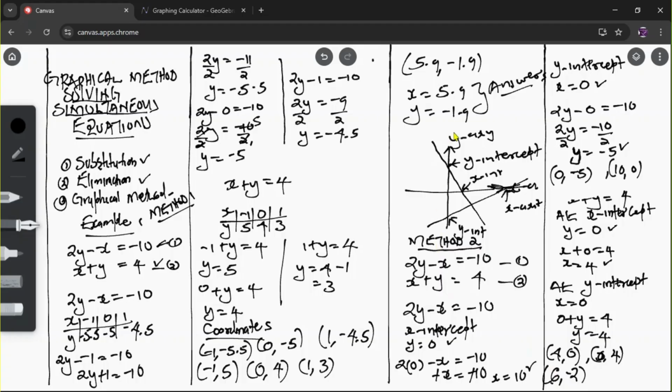So you can see the answer is almost the same, because if I round off this answer, it will be 6, the nearest whole number. This is approximately 6. This is approximately minus 2. So the answer here, the value of x is equal to 6.